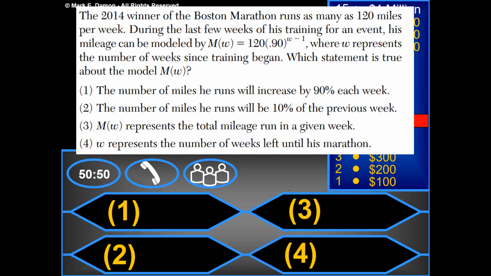One thing we know about exponential functions, which is what this is, right? This is an exponential function. And one thing we know about exponential functions is if the value inside the parentheses is less than 1, then this is decay, right? This is decay. So that means it can't be an increase. Can't be an increase because this is decay. So that automatically eliminates choice number 1.